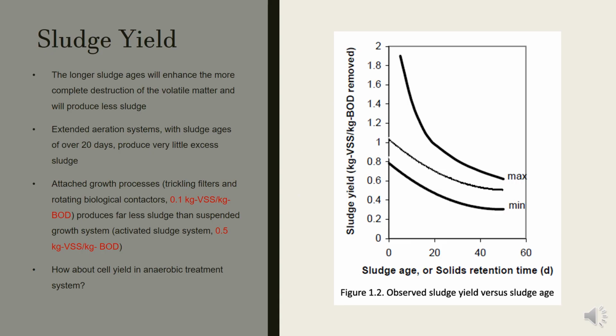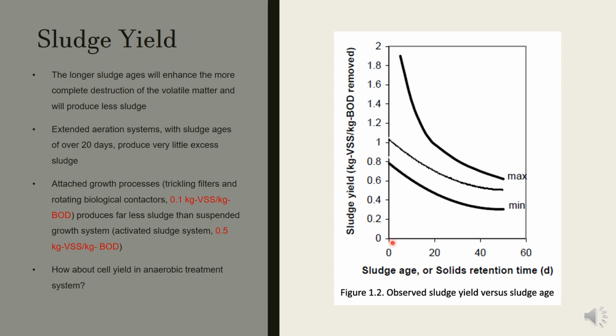Sludge yield. This figure shows observed yield versus sludge age, and the x-axis is sludge age or solid retention time, sludge retention time. We use both terms, and the y-axis is sludge yield, so kilogram VSS per kilogram BOD removed. The longer sludge age will enhance the more complete destruction of volatile matter and will produce less sludge.